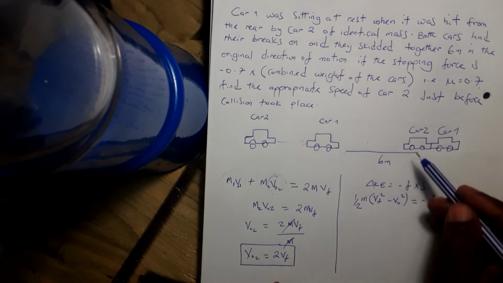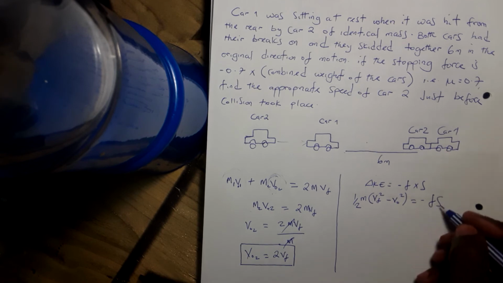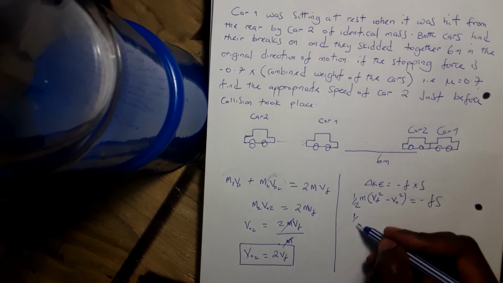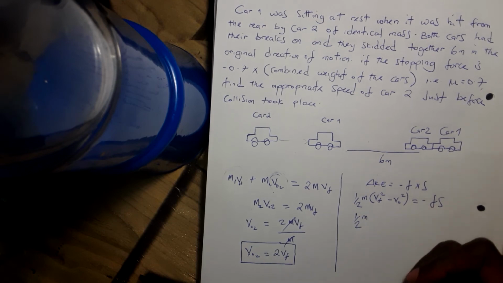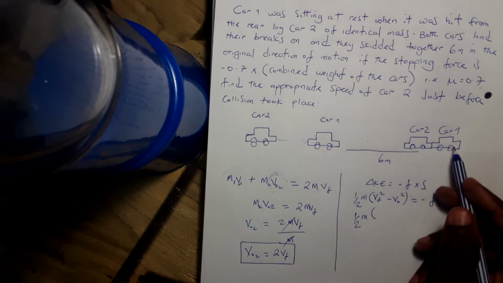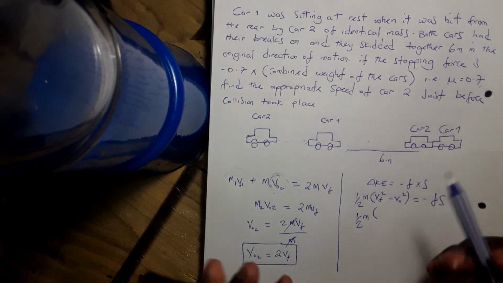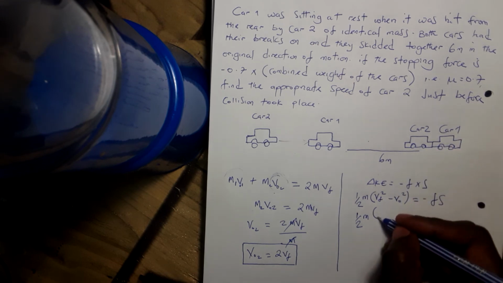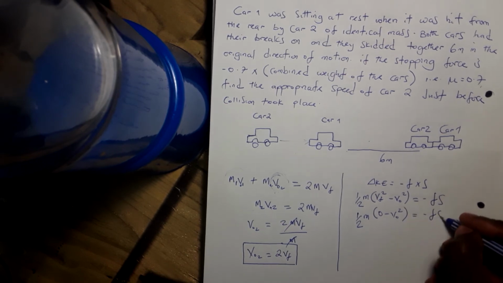So, since we're looking for the initial velocity, we know that our final velocity here is 0 because this whole thing comes to rest after it has skidded together. So we have 0 minus v squared is equal to negative fs.